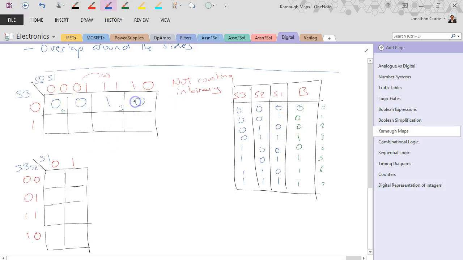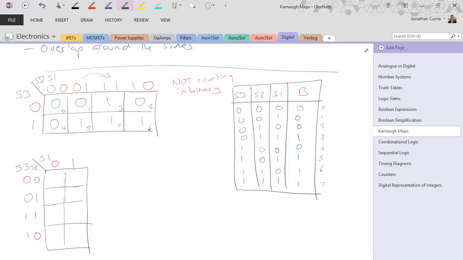Row 2 would go in here. Row 4, S3 is equal to 1, S2 and S1 equal 0, gives us a 0 there. The remainder are all 1s. Let's label these 4, 5, so 1, 0, 1 is 5, 7, 6. And that's how we draw it as a horizontal K-map.